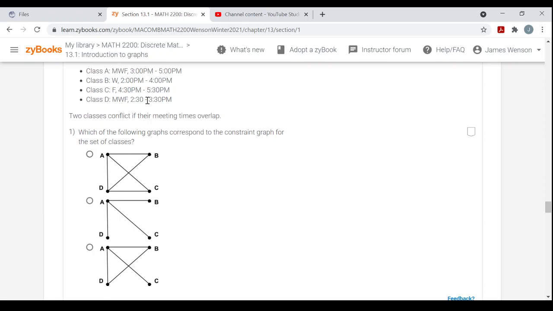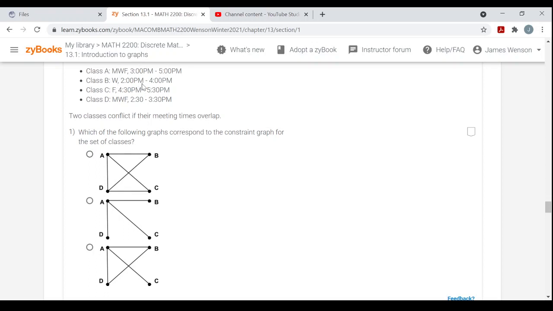And also from A to D, because they meet Monday, Wednesday, Friday, and 2:30 to 3:30 interferes with the 3 to 5. So there's an edge from A to B, A to C, and A to D, because they all interfere with each other. How about from B to C? Well, they meet on different days, so there's no edge from B to C. And B to D?